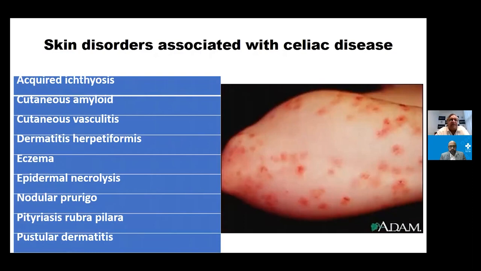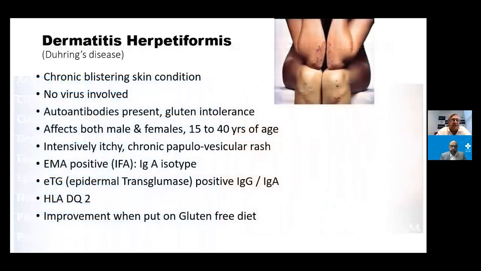In fact, the dermatological disorders are conspicuous by their presence, and one condition is known as dermatitis herpetiformis, which is also known as Duhring's disease. This is a chronic blistering skin condition. There is no virus involved, even though it is called herpetiformis. Autoantibodies are present, and the person is gluten intolerant.